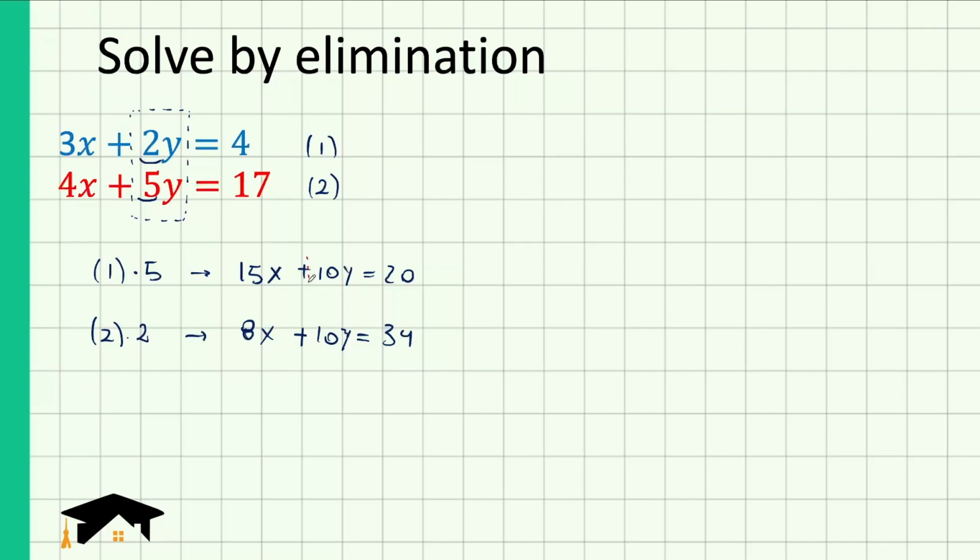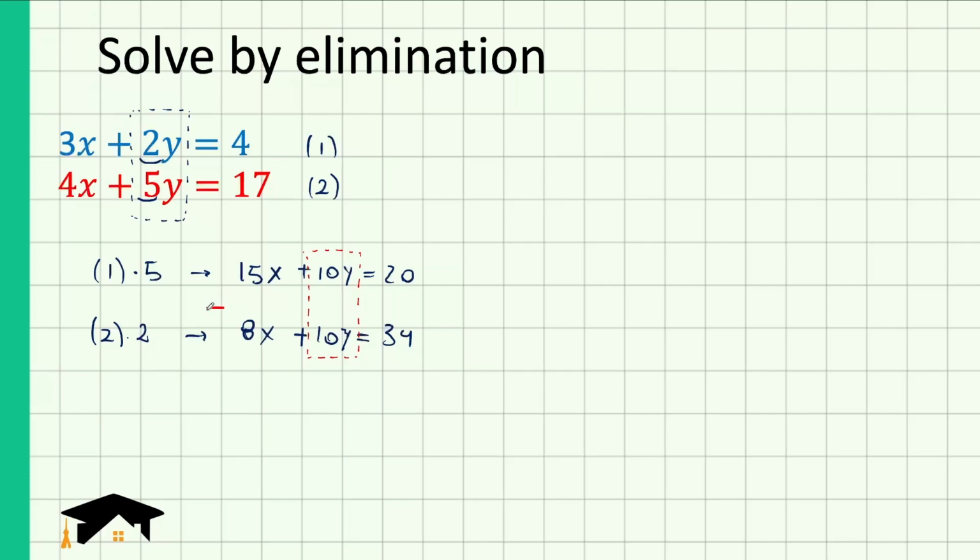So now we see that we have the same coefficient here. But if we add these two equations, we will get 10y plus 10y, that is equal to 20y. We want to get 0. This tells us that we have to subtract the equations.